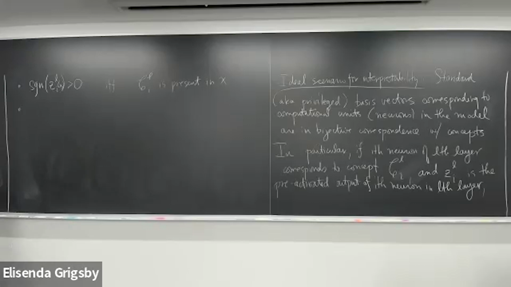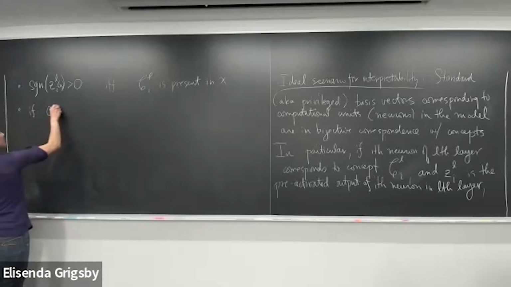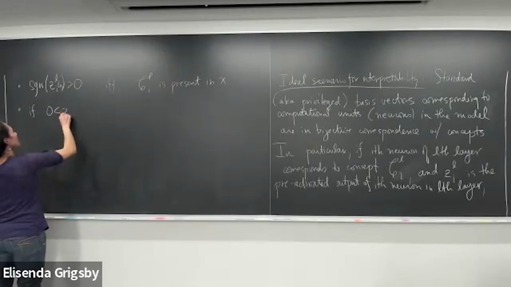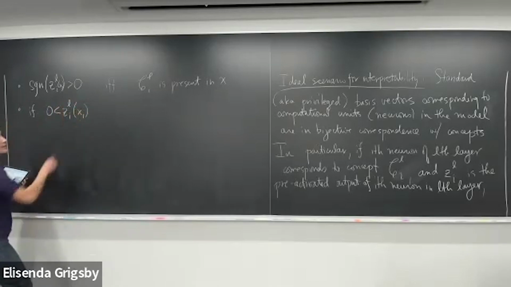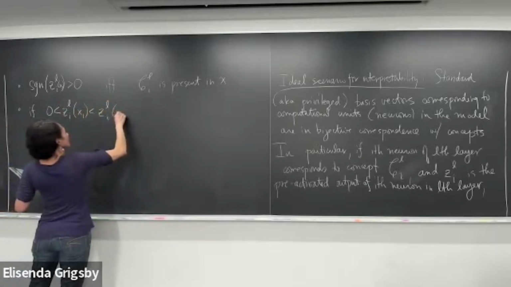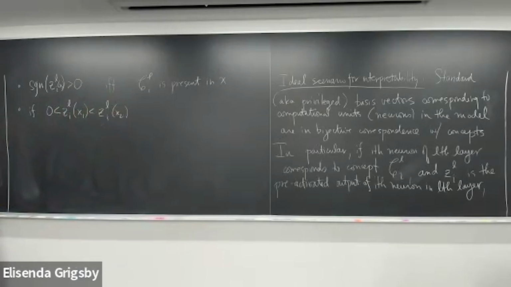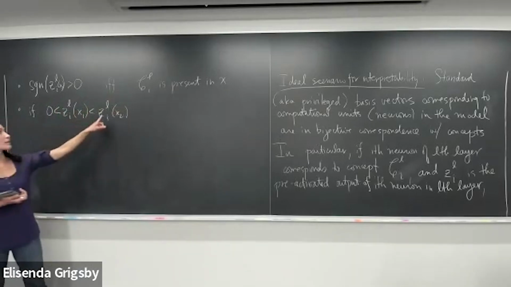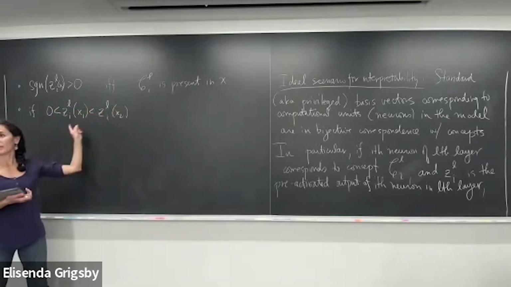So in other words, you have two data points, and you look at the pre-activation output of this neuron on these two different data points.